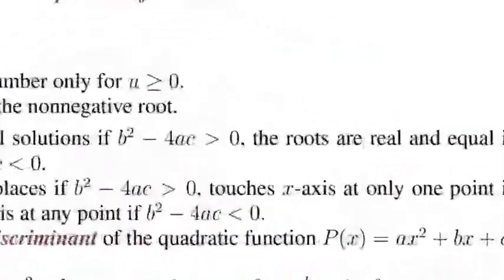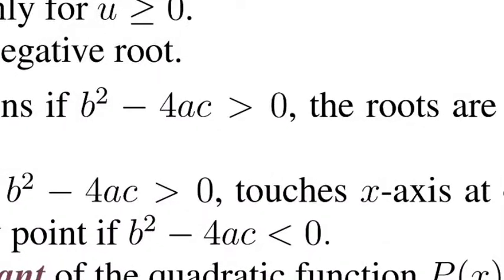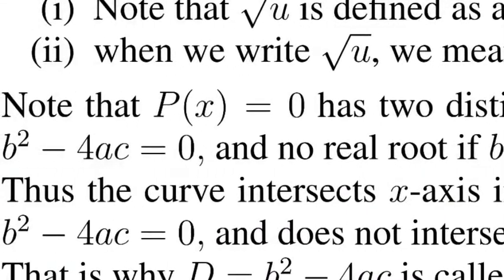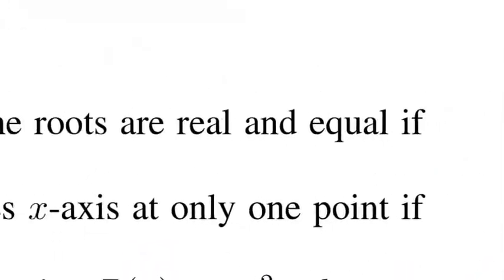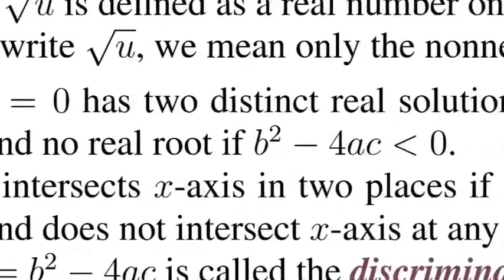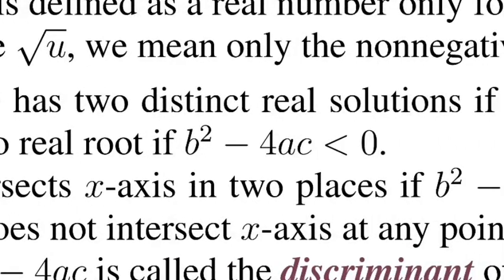Listen, if b square minus 4ac is greater than 0, the roots are distinct and real. If equal to 0, the roots are equal, real and equal. If less than 0, then the roots are non-real.